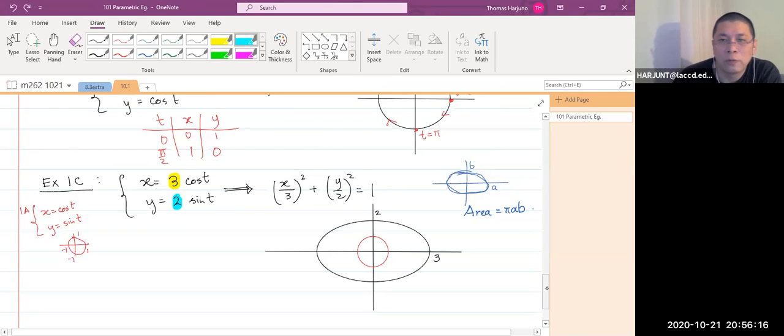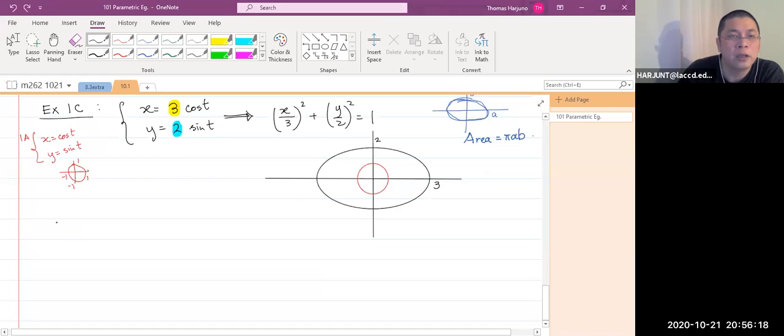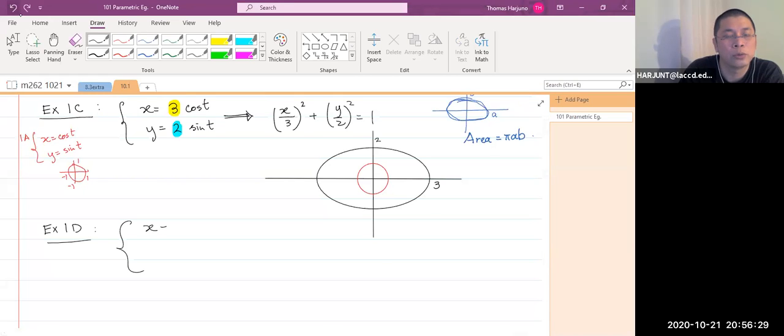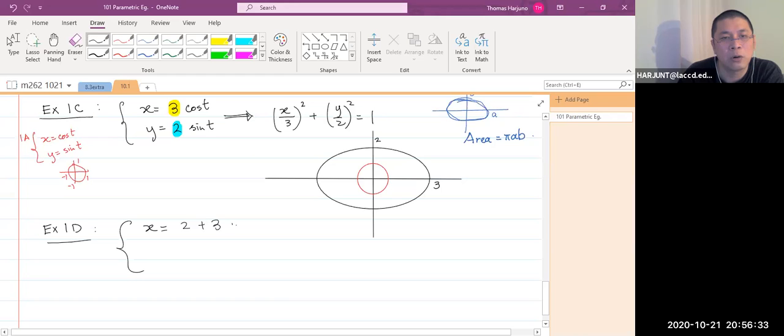Now, let's go further. What happens if, using that, I do the following? x equals 2 plus 3 cosine t, and y is negative 4 plus 2 sine t.